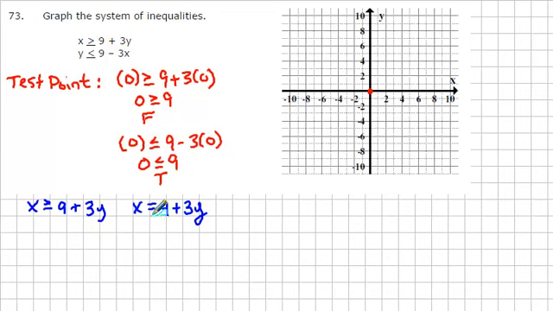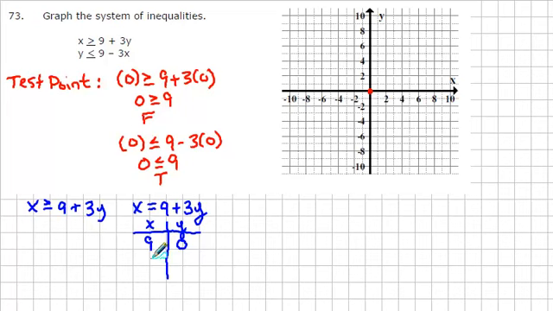And we recognize that this is a linear equation, so the graph will be a line. One technique for graphing the line is to find its intercepts. To find the x-intercept, we let y be 0 and then solve for x. When y is 0, we get 3 times 0 is 0, and 0 plus 9 is 9. The x value is 9. So the x-intercept of the line is 9, 0.